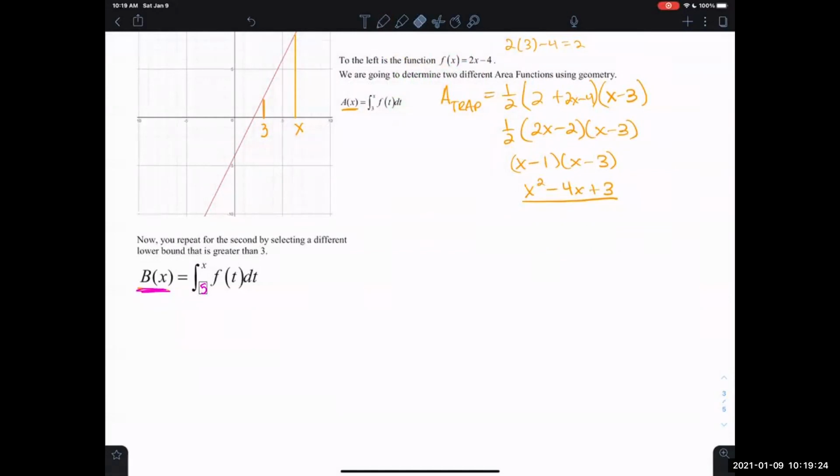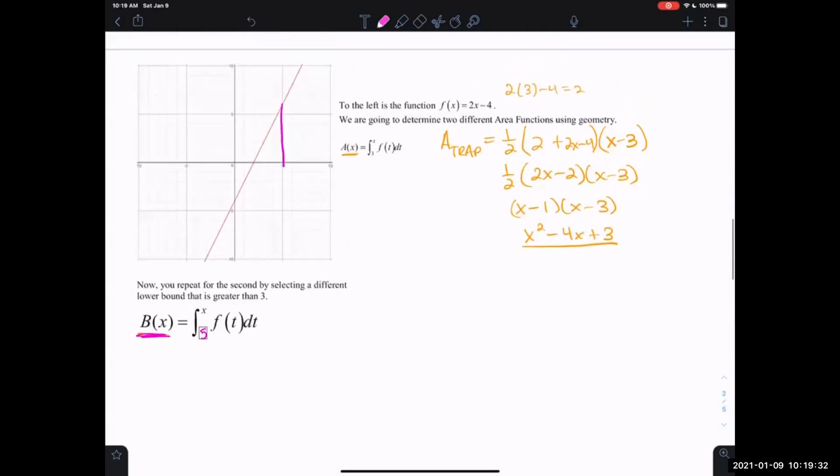And speaking of drawn, let's go ahead and at least get the picture. Let's make that x. This is 5. Go ahead and calculate the new area or the b of x function.